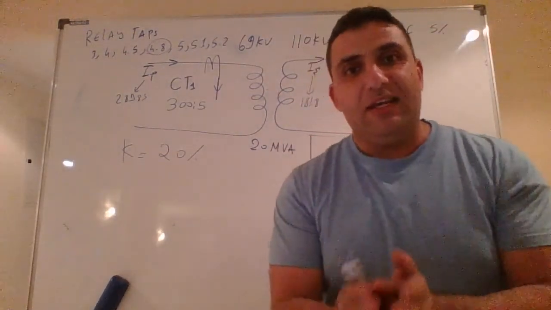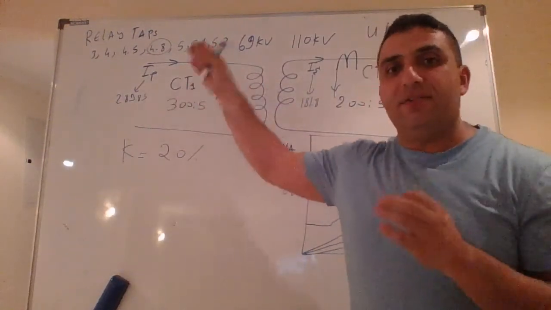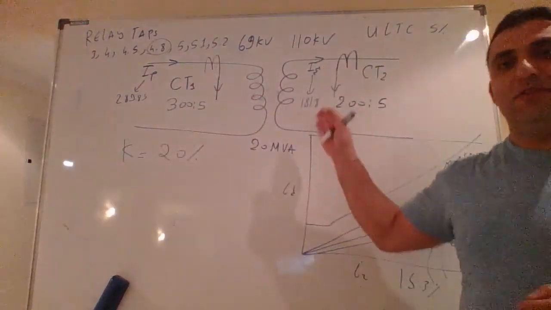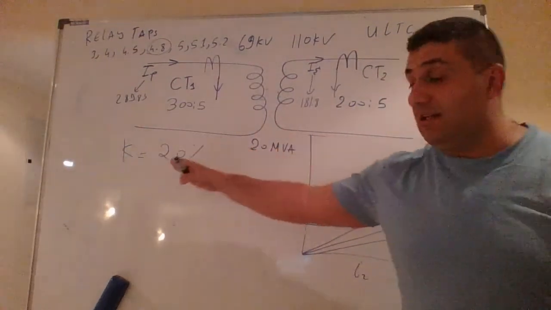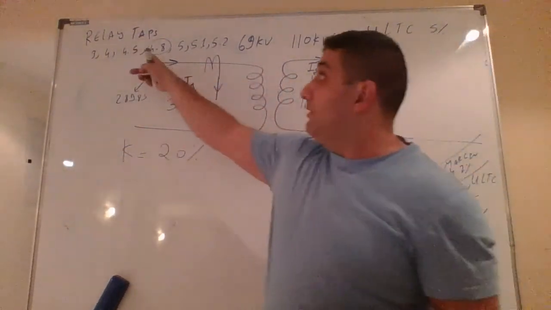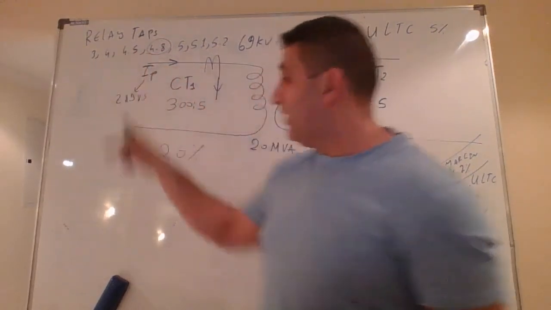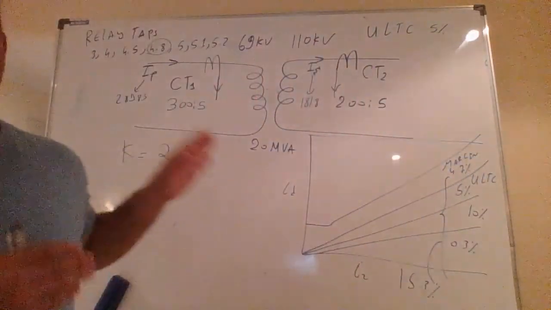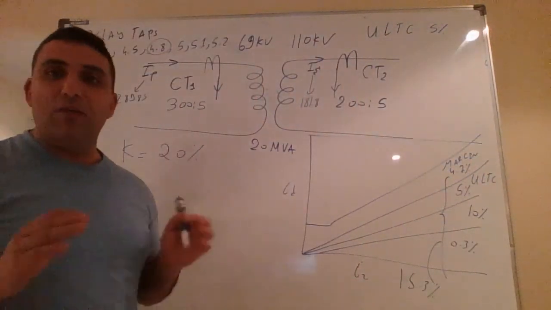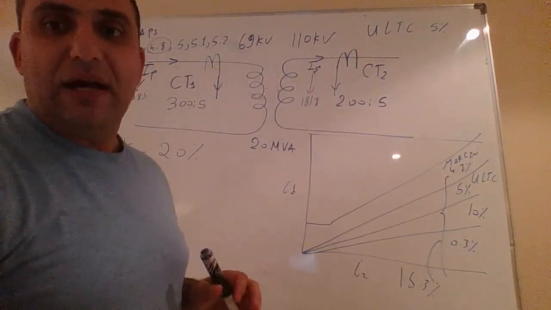So now I can say I need a CT on the primary side of 300 to 5, on the secondary side 200 to 5, and then I need a relay with the primary tap 4.8, the secondary 4.5, and the slope K is 20%. I hope that's clear enough. Now let's do some more examples as practice together.